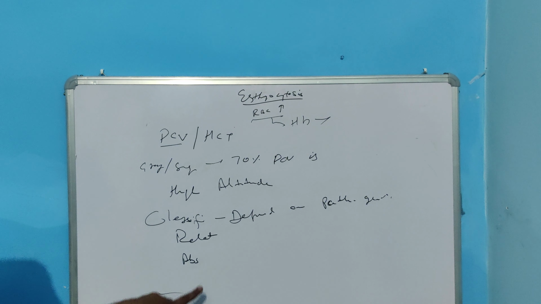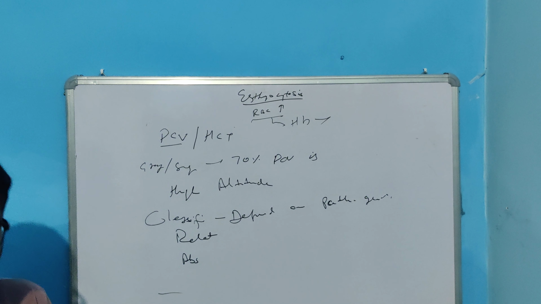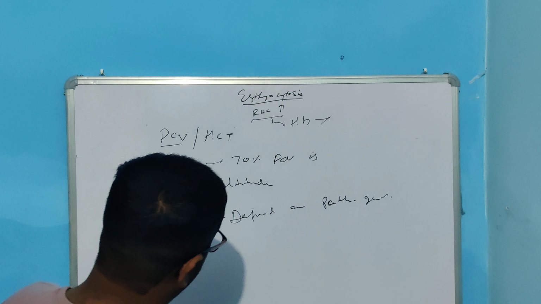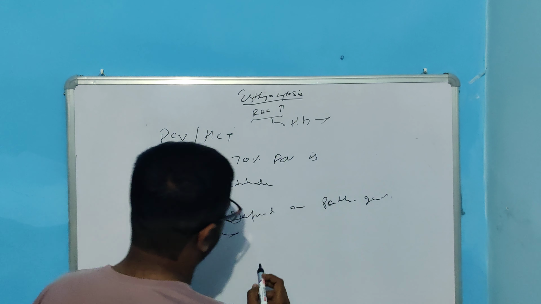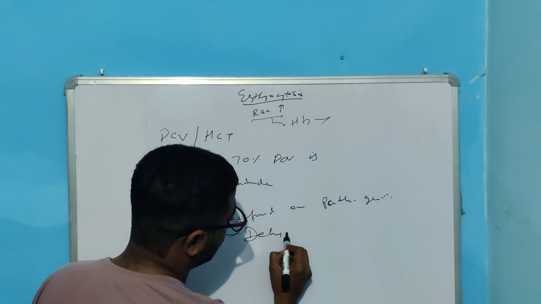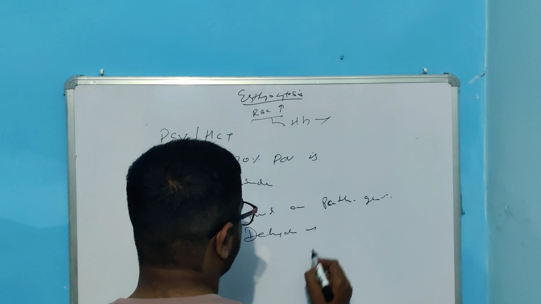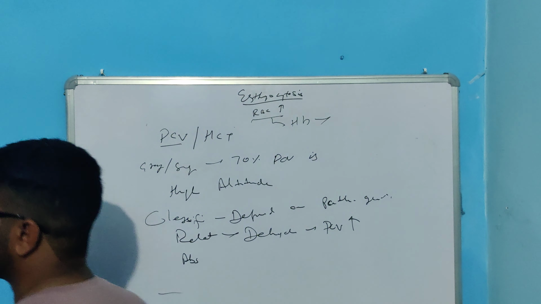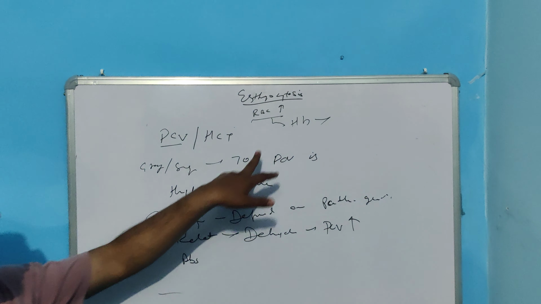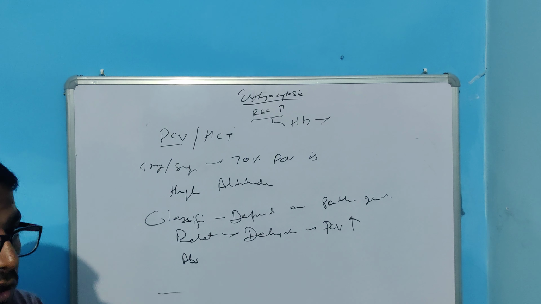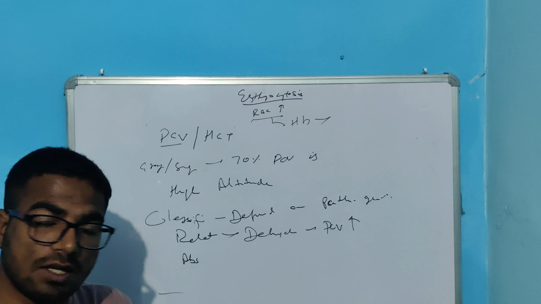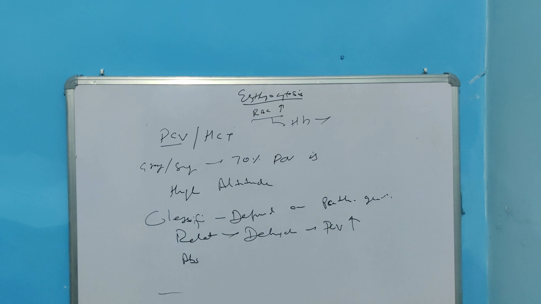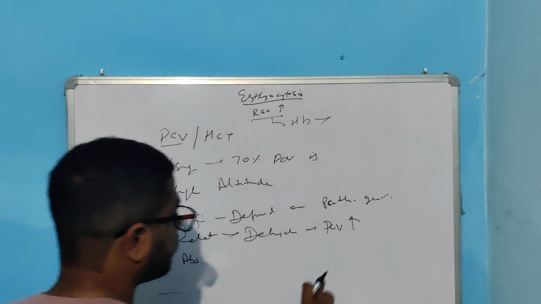Relative means it is not actual erythrocytosis. It appears so, but it is not actual. For example, in dehydration there is an increase in PCV, not in RBC count. So you can't say it is an actual erythrocytosis; you simply say it is a relative erythrocytosis.